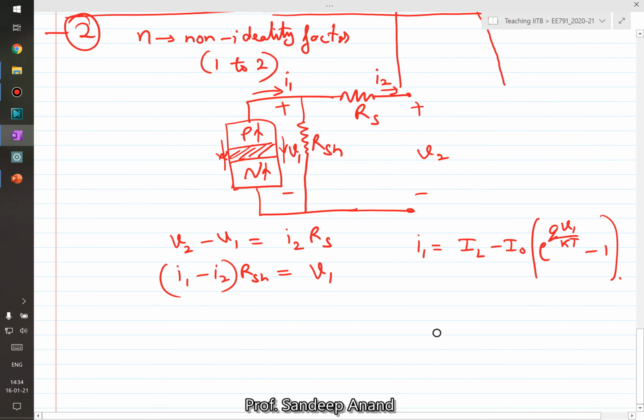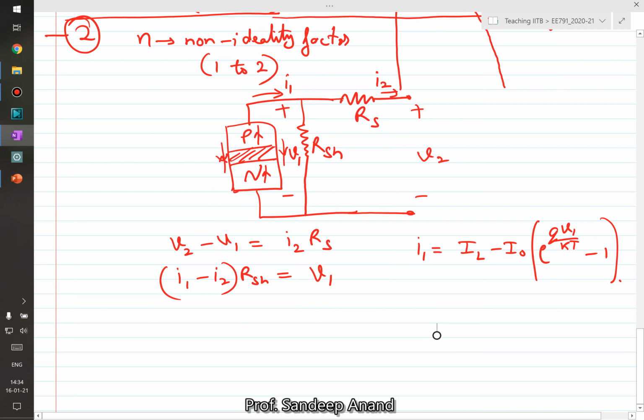Now I need to substitute V1 and I1 in terms of V2 and I2. This equation I can quickly use, and I find V1 is nothing but V2 minus I into RS, right? So this I can substitute into the V1.